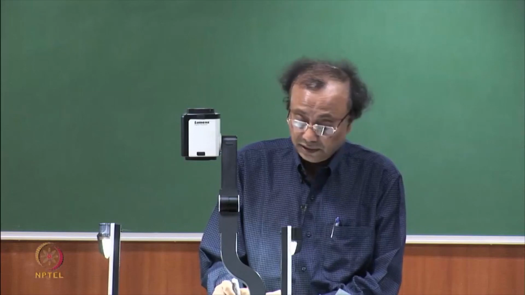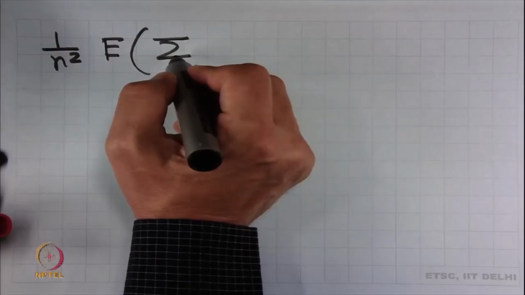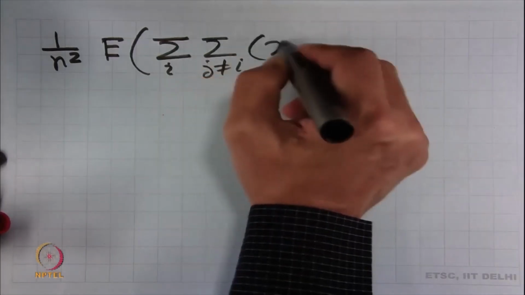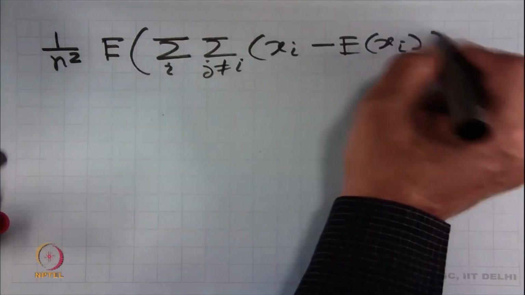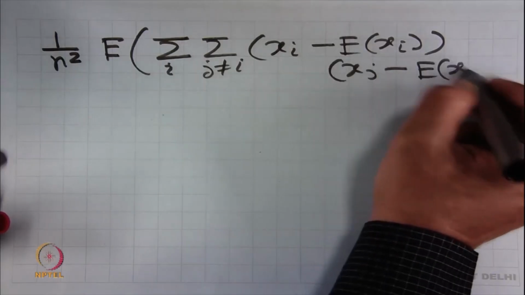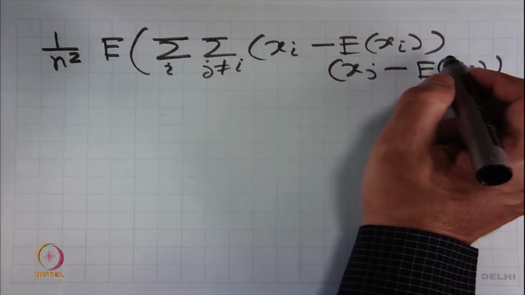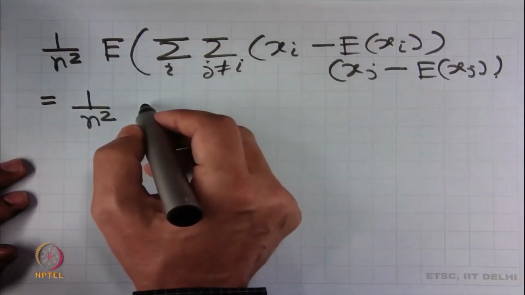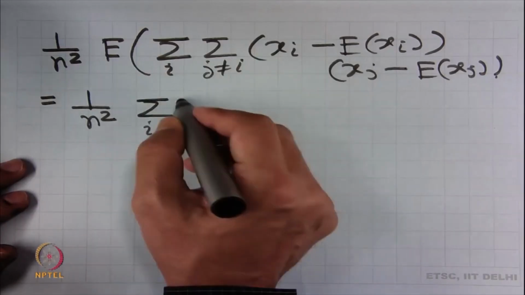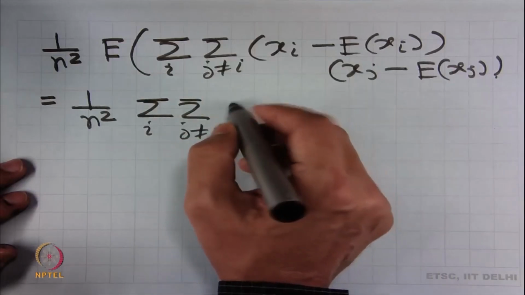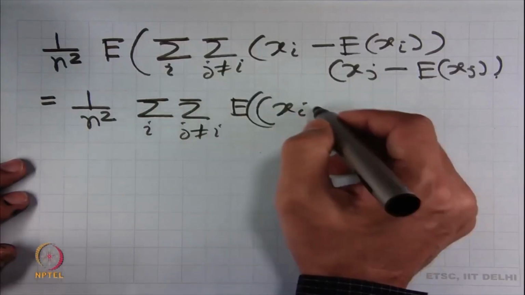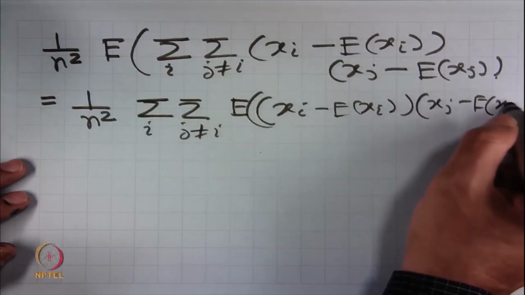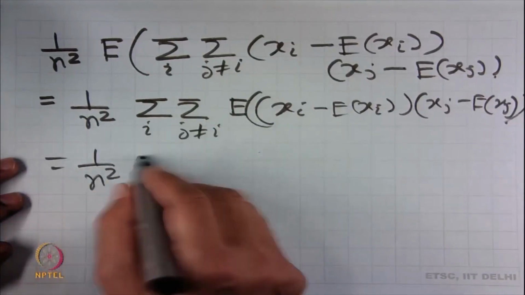The second part is 1 by n square into expectation of sigma over i, sigma over j not equal to i, xi minus expected value of xi into xj minus expected value of xj, is equal to 1 upon n square, sigma over i, sigma over j not equal to i, expected value of xi minus expected value of xi times xj minus expected value of xj.